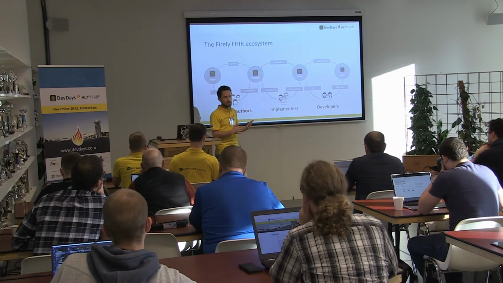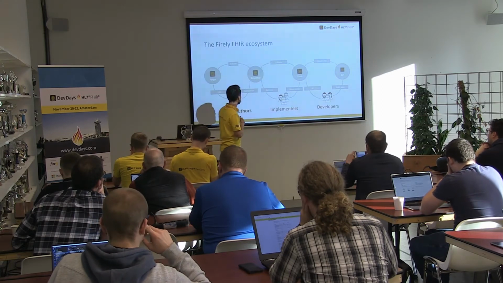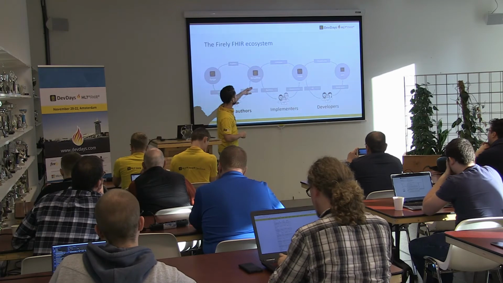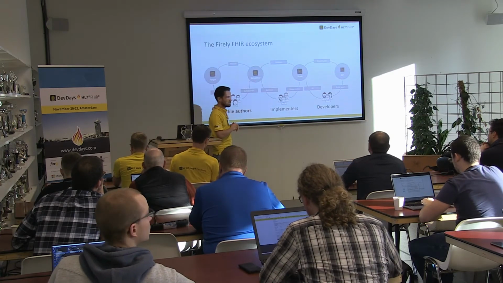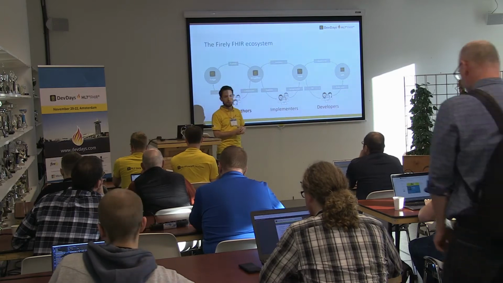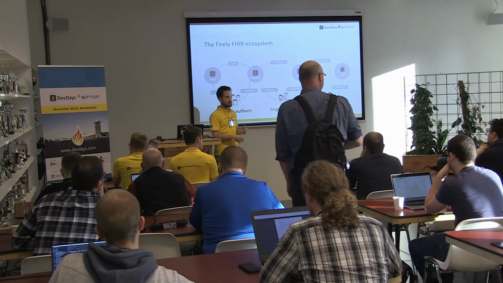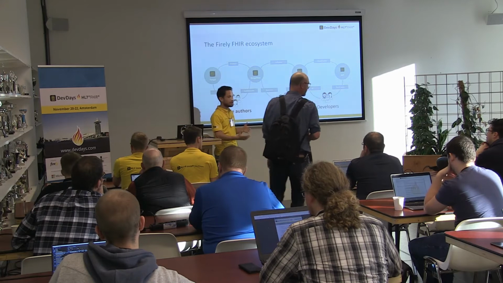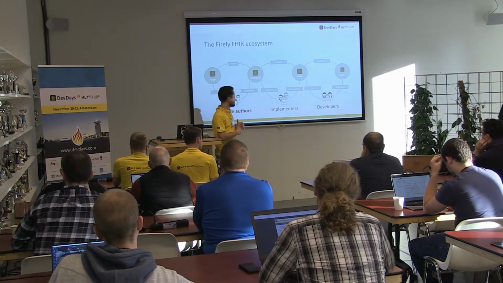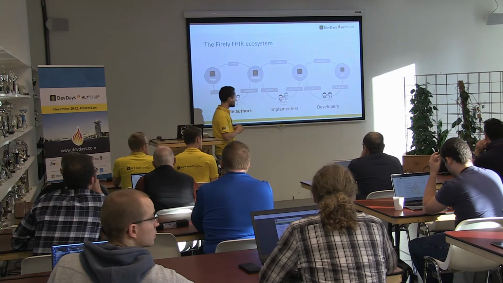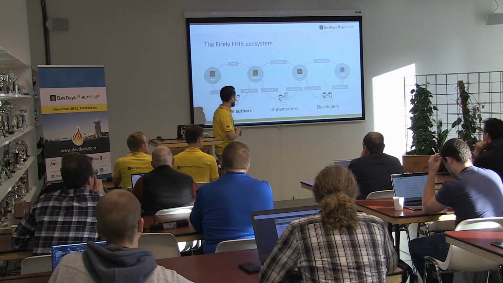You can build your nice profiles here, and then you can publish that to Simplifier. Simplifier is a FHIR registry, and it's a collaboration platform where you can work together with your team on your FHIR profiles. You can validate. You can do basically everything that you need to do for building and publishing your FHIR profiles and your resources and IGs and packages.